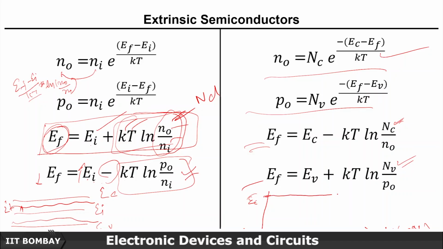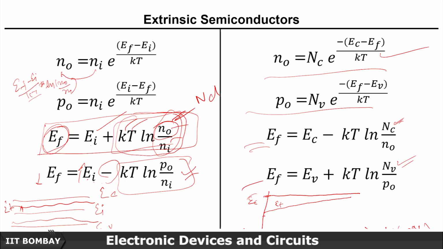Let me draw a line like this. So let's see how EF changes. As you can see from this relation, EF will increase with an increase in the electron concentration. Initially, let's say it was somewhere in the middle, or slightly off the middle, so it will go this way.